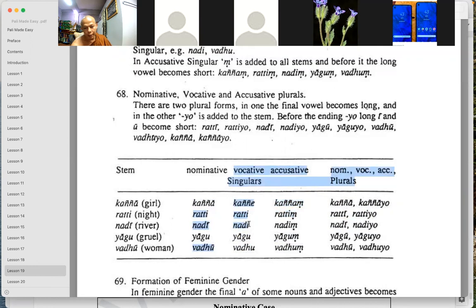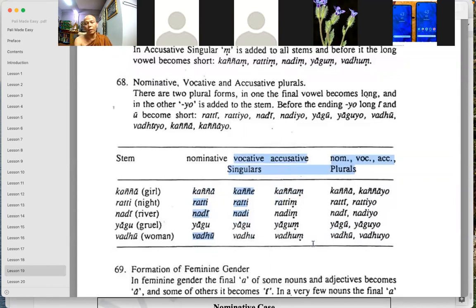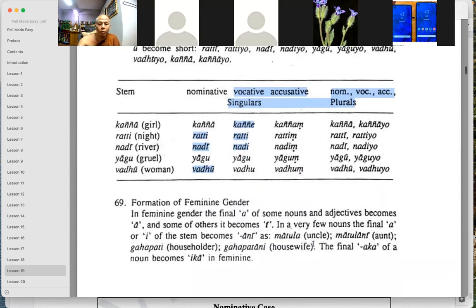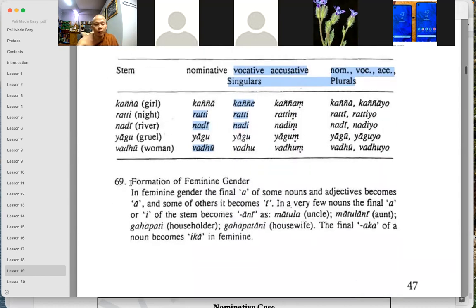And nadi, vocative case becomes short, nadi and so on. Okay, so we are forming those nouns. By any case, it is not so difficult. Now just ending, and then maybe some changing. So we already. And now the important one is formation of the feminine noun, feminine gender.